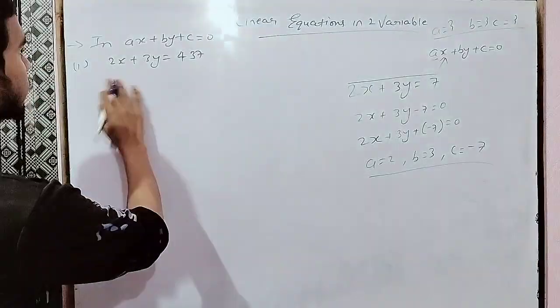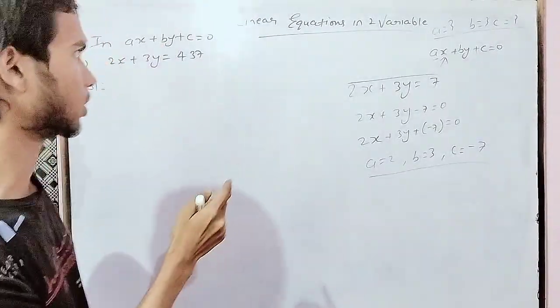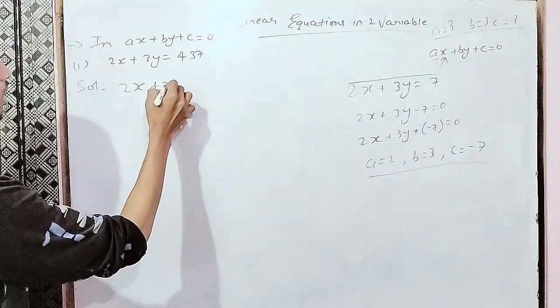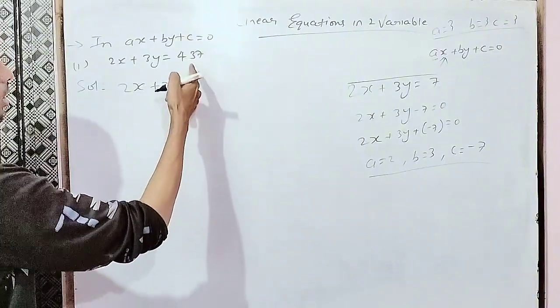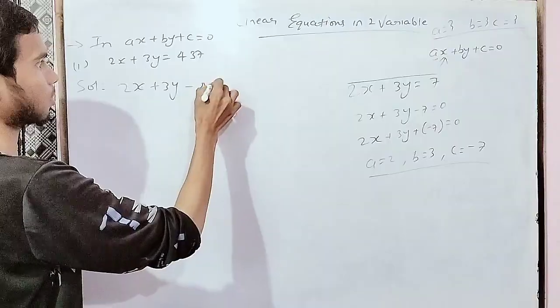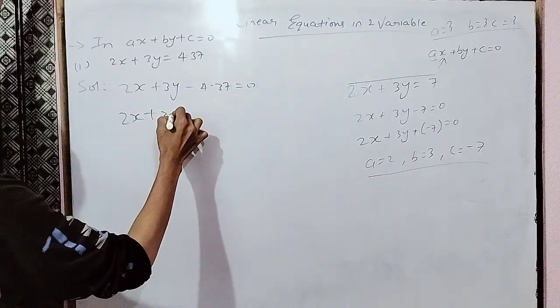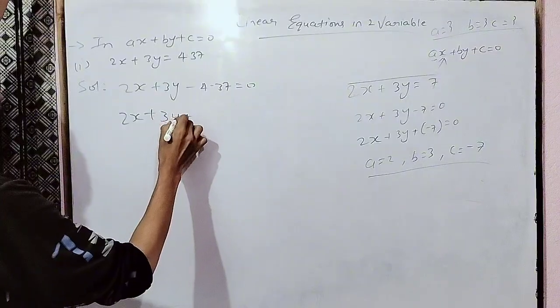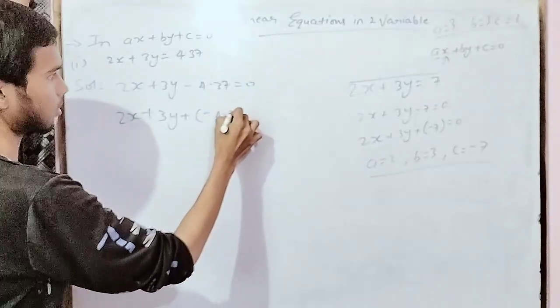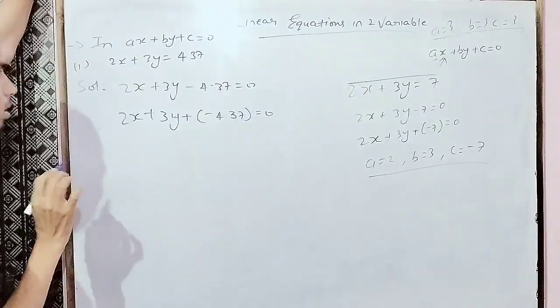So we have this first question, and the question is saying to arrange it in this form and then tell us what is A, what is B, what is C. You can tell. So 2x as it is, plus 3y, and this will be minus 4.37 on this side. So here 2x plus 3y, we are applying plus here, and this will be 4.37. Okay.